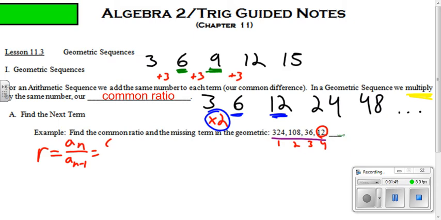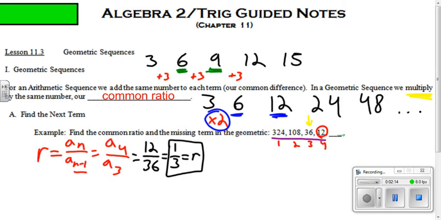So we'd say a sub 4 over a sub 4 minus 1, which is a sub 3, our 36 right here. So 12 over 36 is my common ratio. 12 over 36 reduces down to 1/3. So 1/3 is my common ratio r.